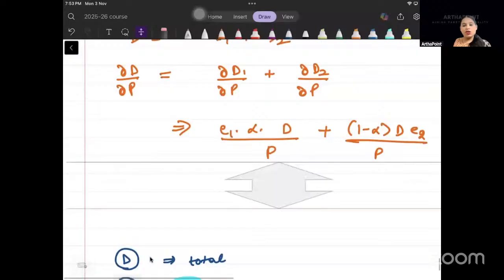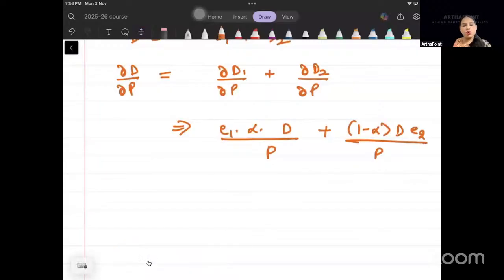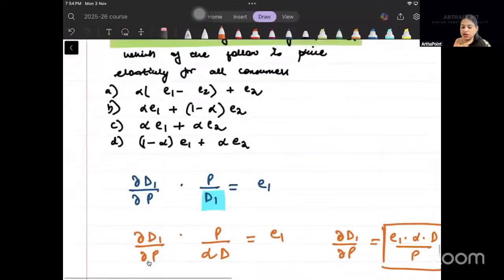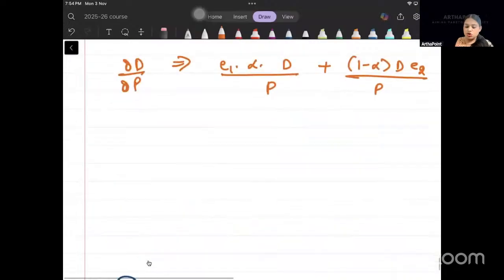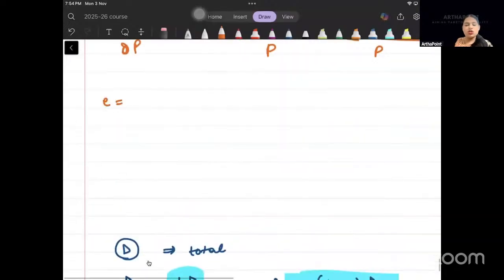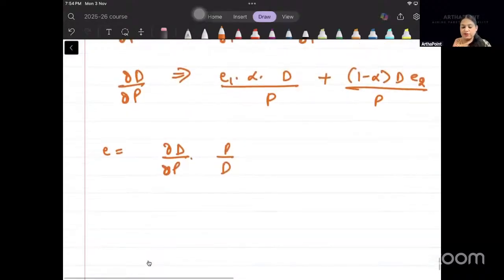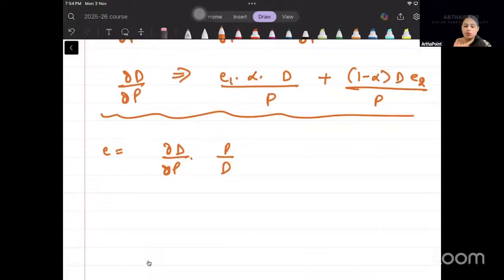Right? So if I try to solve this now, this is what my del D by del P is. Now I have to find the total elasticity. Which of the following is price elasticity for all consumers? So price elasticity of all consumers will be how total demand changes as price changes into P by D. So I have to multiply this by P by D on both sides.